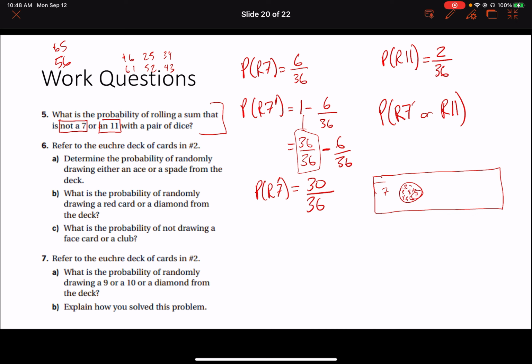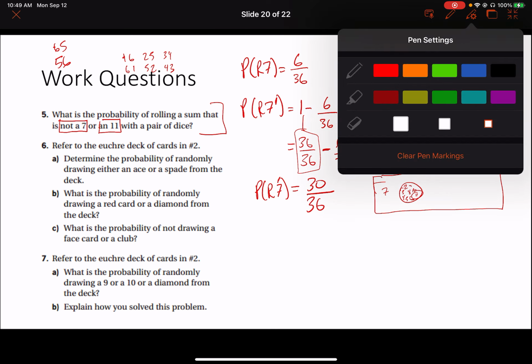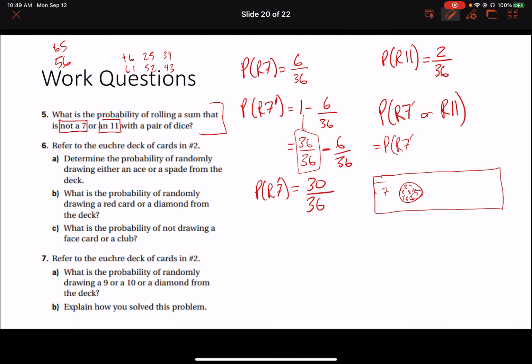So what we have to do is we say it's not mutually exclusive. It shares the case of 11. So it's P of not 7.